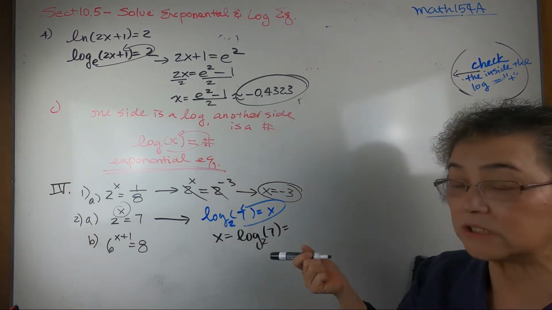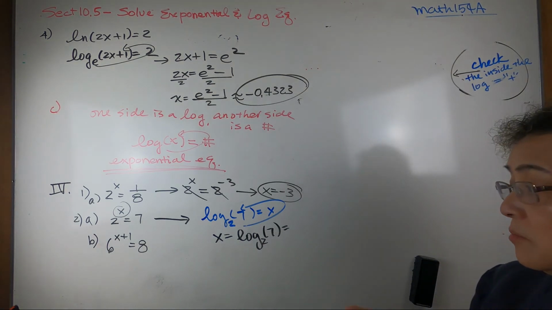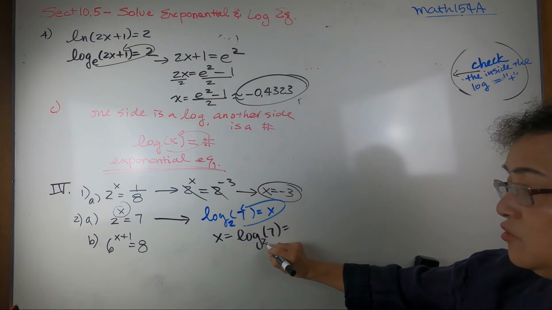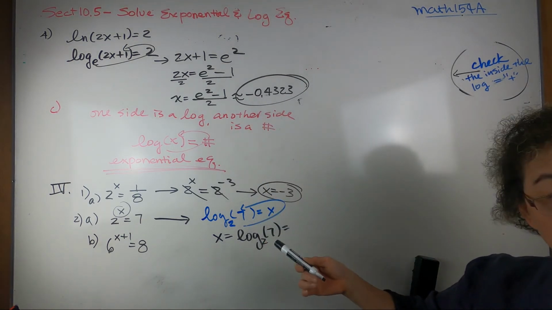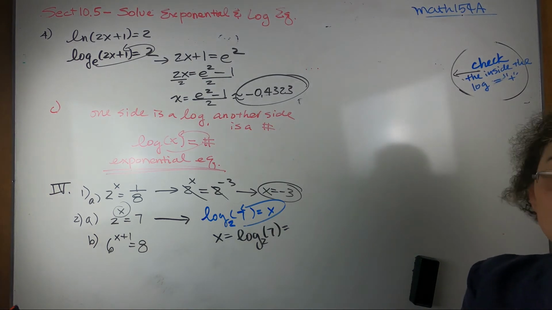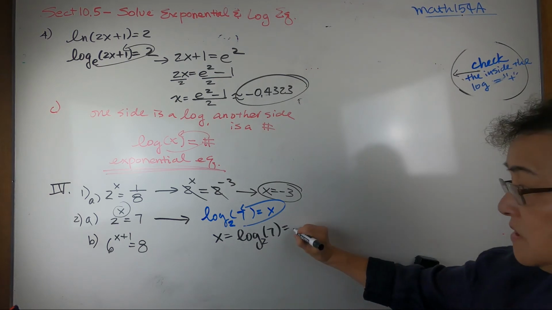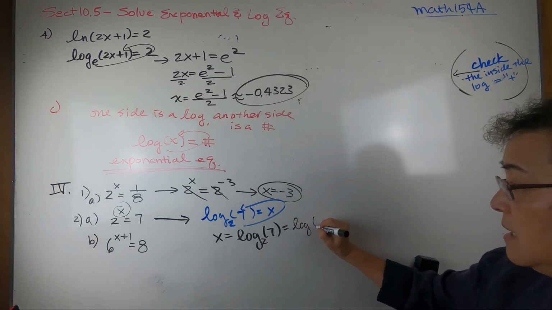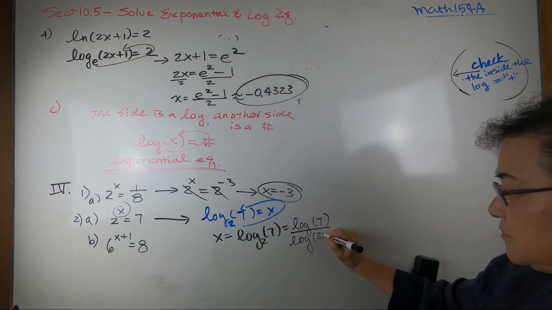Then we need to use the log properties. Okay, one of the log properties. We say if you don't have the common log or base e, natural log, you cannot use the calculator, right? But we say you can use what? The change of base formula, like this.